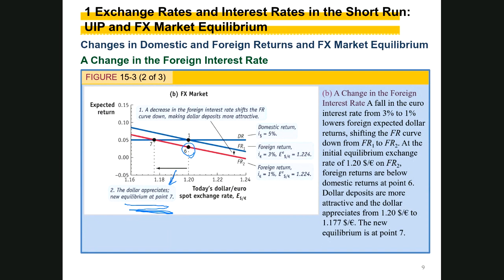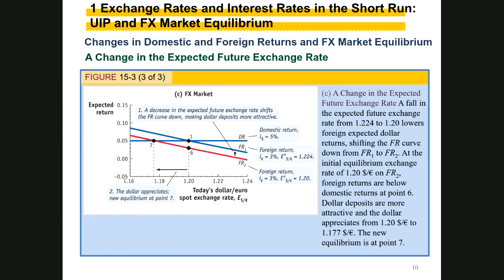So this will cause the short run exchange rate between the US dollar and the euro to change. So here, the US dollar appreciates against the euro. That's the idea.